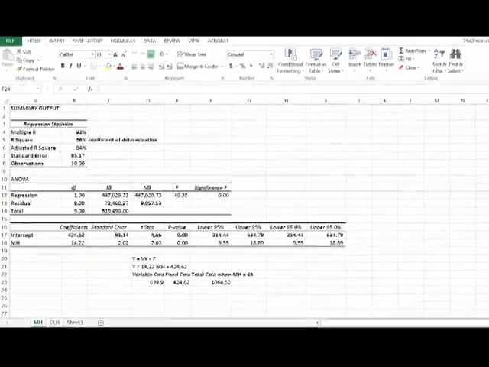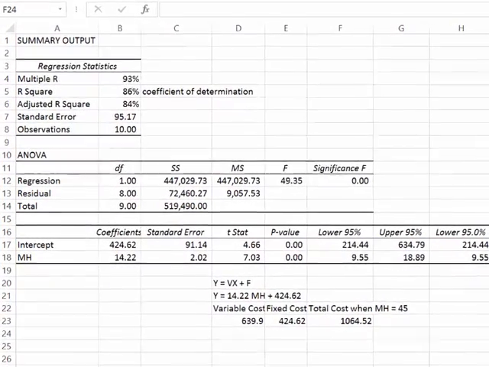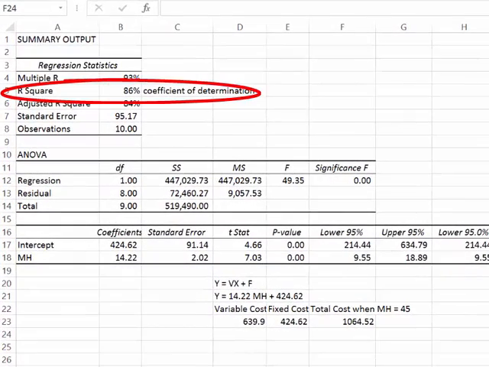Let's go back to our regression results and do a real quick overall review. The R-squared, the coefficient of determination, tells us how much of the dependent variable is explained by the independent variable, or how much of our costs for the month are explained by machine hours, how good of a cost driver that is.